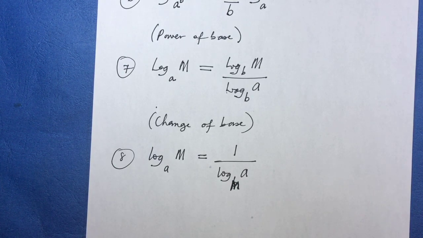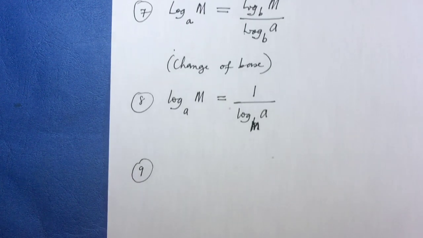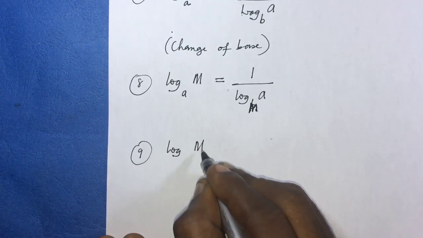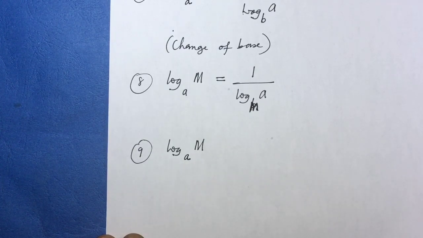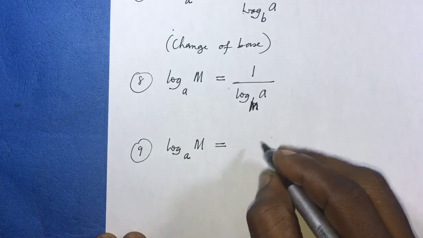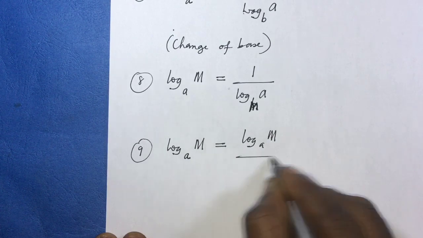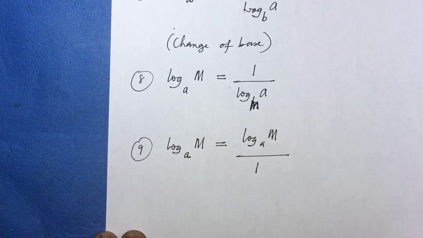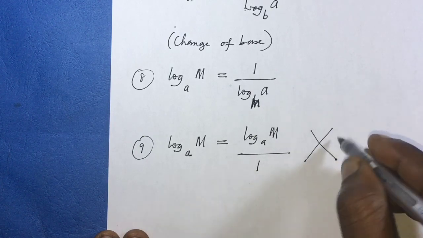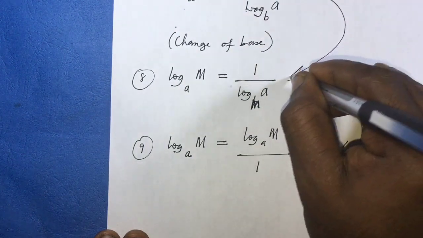Okay, so, and that brings me to another law, law number 9. It is also possible to write this as log m to a equals log m to a over 1. This I am not going to actually put as a law, but I'm going to explain why, because it comes from this and this gives birth to this.